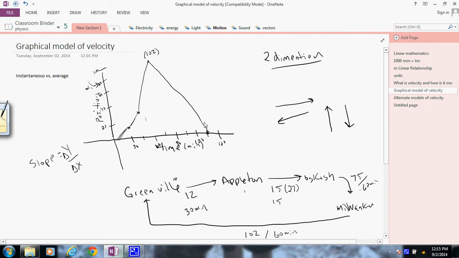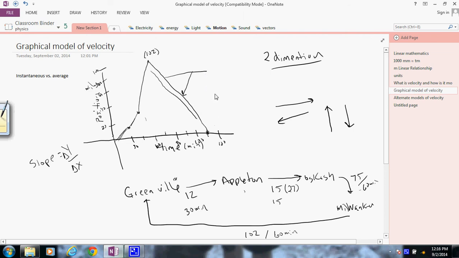Now, if you want to know the exact speed at that point, because this line is straight, our velocity is the same across. So I could easily get the slope of this line, and I would try to find some convenient marks across here, some sort of rise over run.